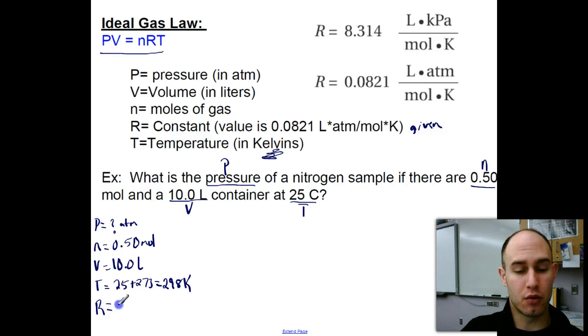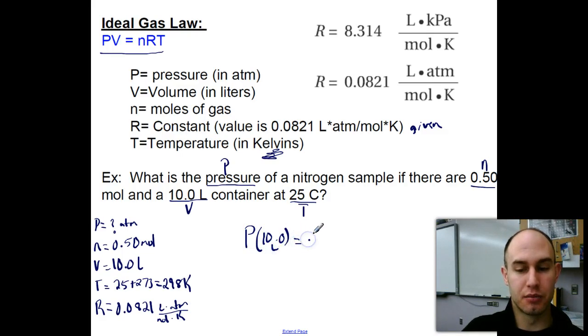So this is something that you want to make sure you have written down on your equation card, is this constant R, 0.0821 liter atmosphere per mole Kelvin. I know that's a big unit, but it actually is the unit for this constant. So my pressure is unknown, and my volume, so P times the volume, which is 10 liters, equals n, which is moles, so it's 0.50 mole.